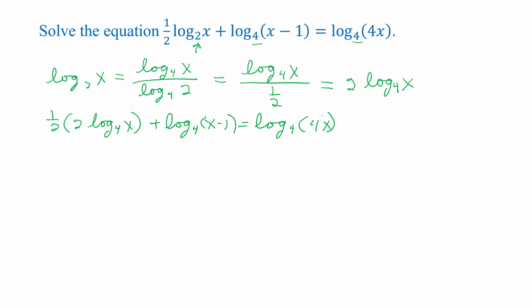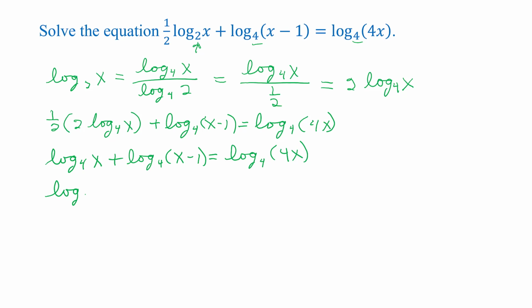So 1/2 times 2 log to the base 4 of x is simply log to the base 4 of x. Then we have plus log to the base 4 of x minus 1 equals log to the base 4 of 4x. I go on to using the sum property on the left side, from which we get log to the base 4 of x times x minus 1.